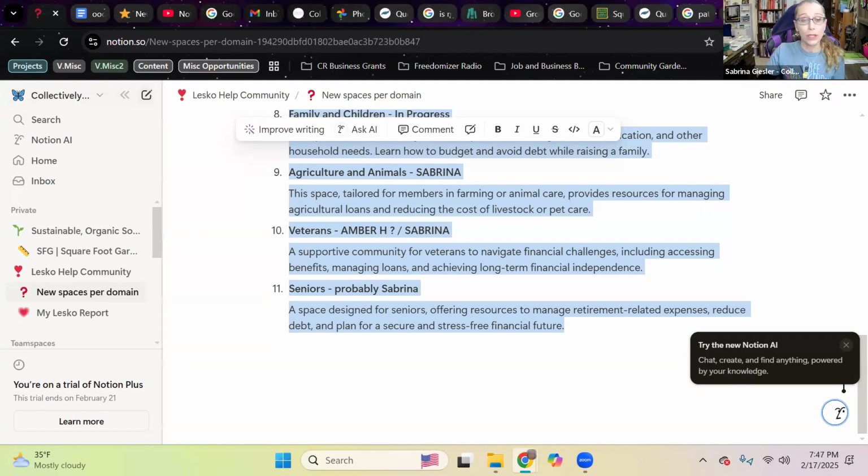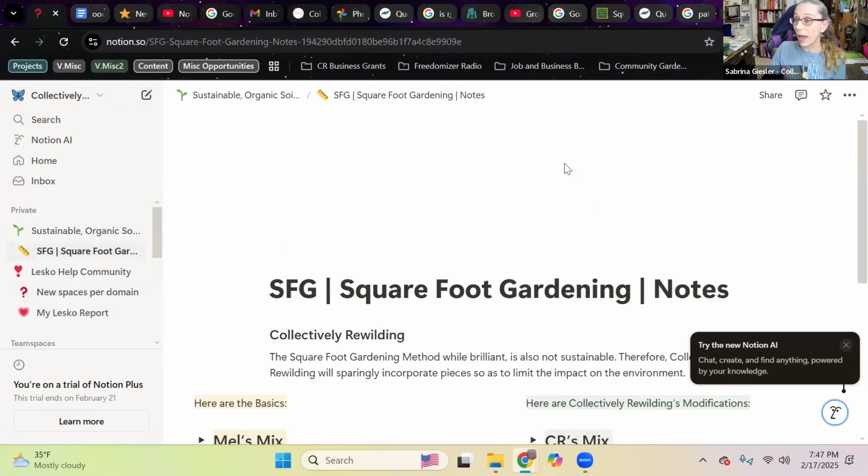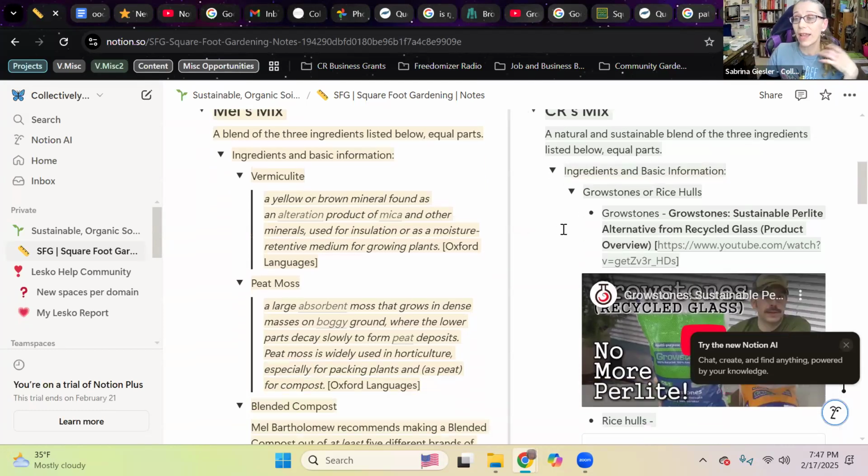All right. So in the Square Foot Gardening method, you have Mel's mix, and now there is the Collectively Rewilding mix for those of you who are interested in a more sustainable or can be completely sustainable alternative to Mel's mix. CR's mix replaces vermiculite, which is a substance that has to be mined, with either grow stones or rice hulls.